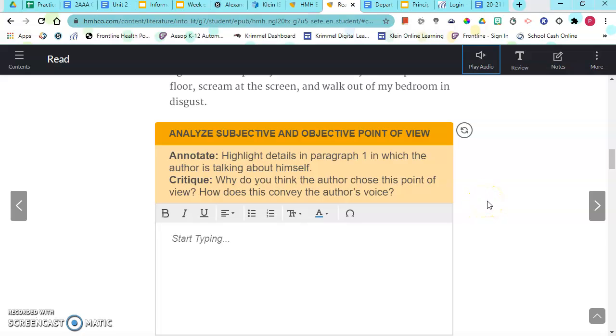So go back and look at your paragraph 1 and look for places where the author is showing that he is a part of that paragraph, and then write 1 or 2 sentences about why you think he chose to use that point of view, and how it conveys the author's voice.